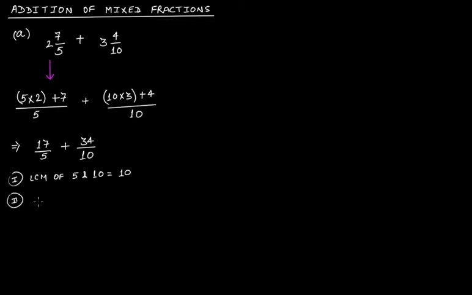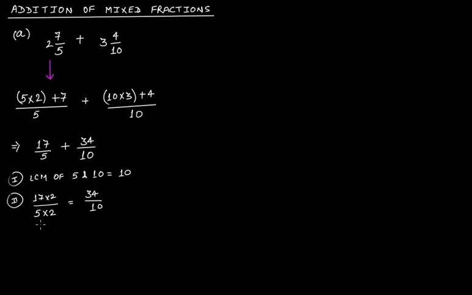You will say, just multiply 5 times 2, so that the denominator of its equivalent fraction is 10. Now since we have multiplied the denominator by 2, you'll also multiply the numerator by 2. So this will be 17 times 2 is 34 by 10. So 34 by 10 is the equivalent fraction of 17 by 5.